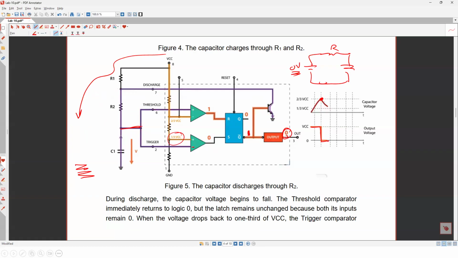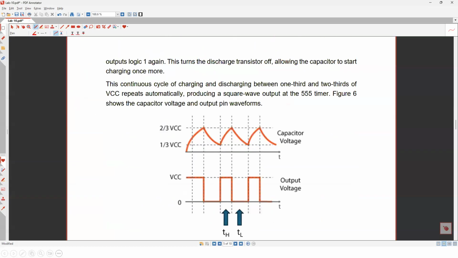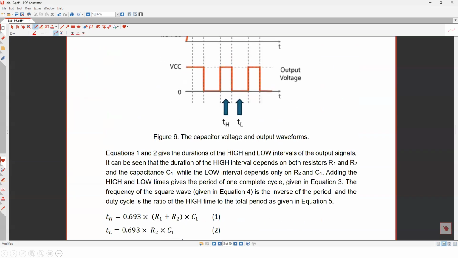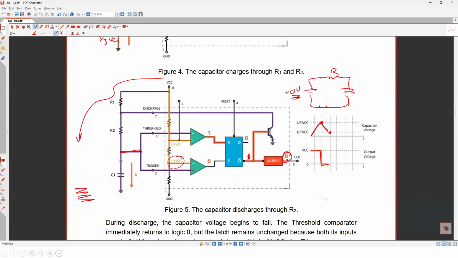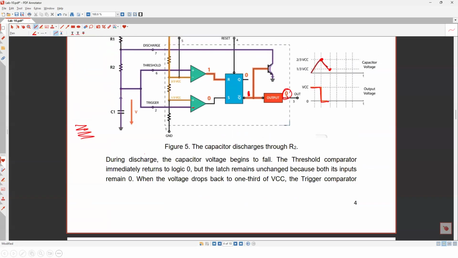What's gonna happen once it hits 1/3? Let's see here. It's gonna discharge until it becomes 1/3 VCC. At 1/3 VCC, what's gonna happen here? So this one here becomes 1.